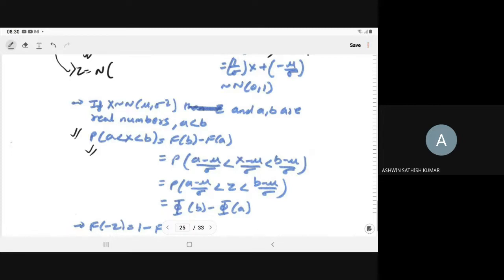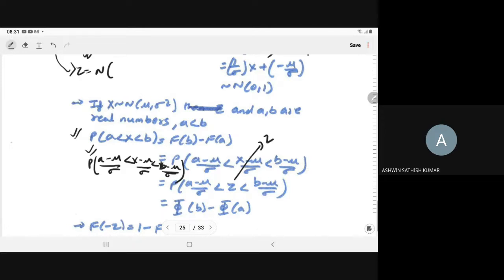F(b) minus F(a). Or, if you write this as x minus mu, a minus mu, and b minus mu, then divide by sigma throughout. So this is nothing but z, the standard normal variate.